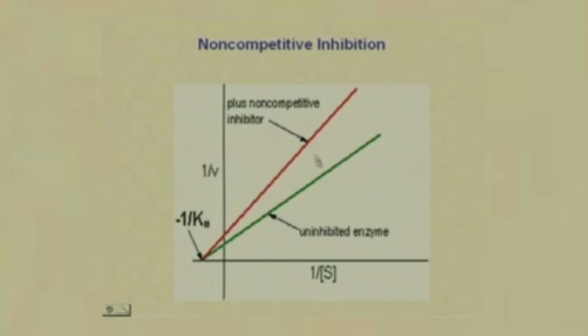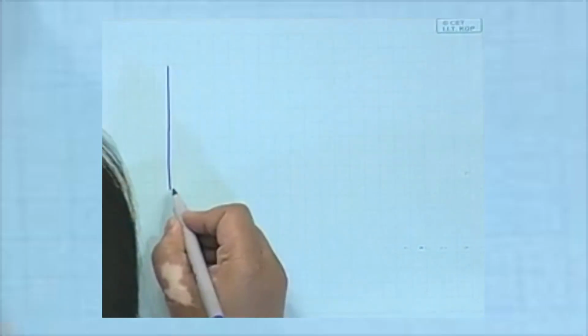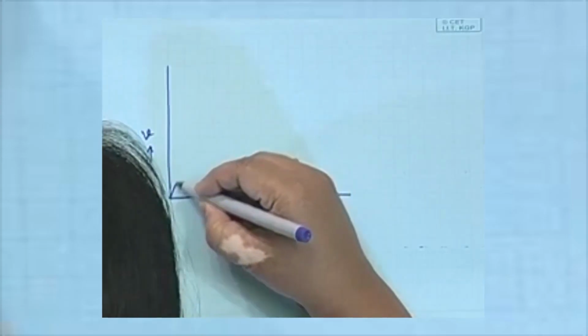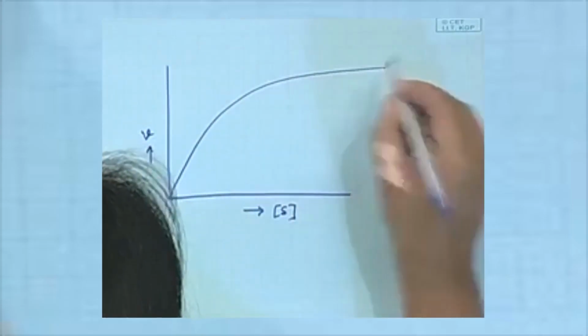What we have is an uninhibited enzyme and a non-competitive inhibitor. Let's go back to our drawing sheet here, where we're talking about our substrate concentration and our velocity. In our normal reaction, we have this.